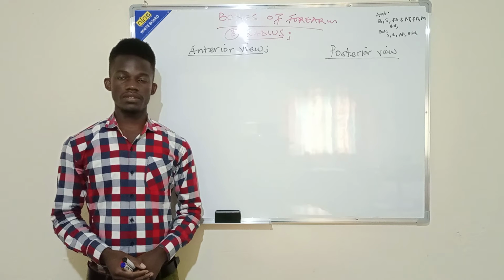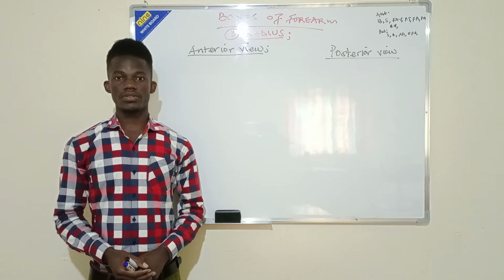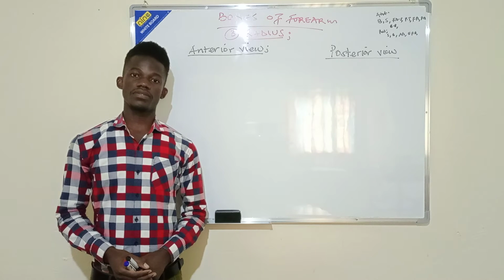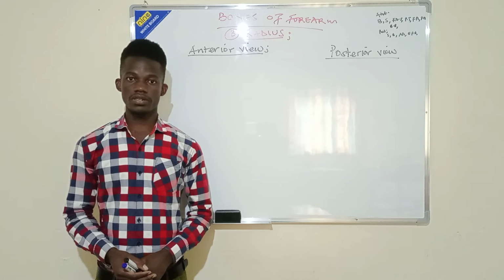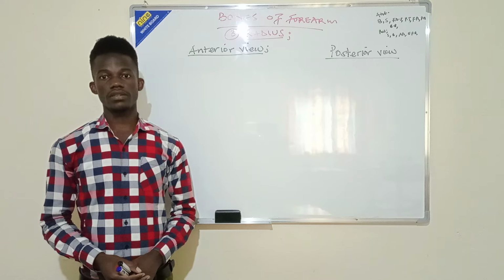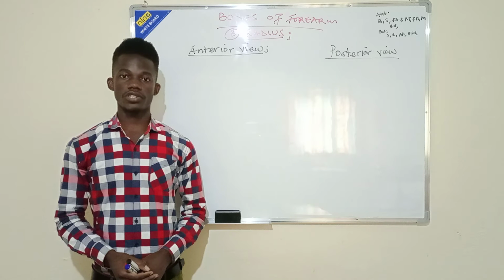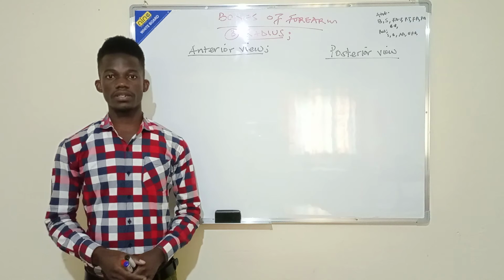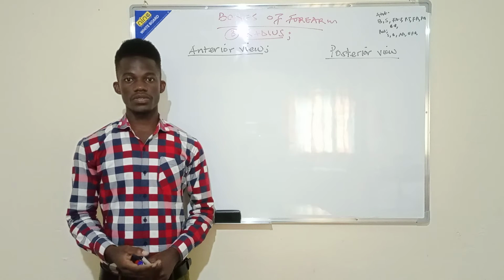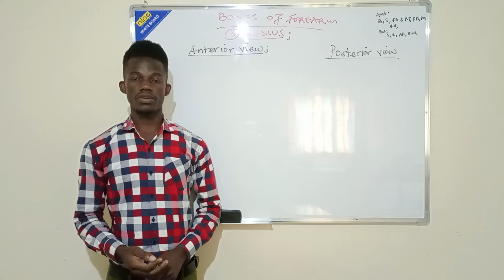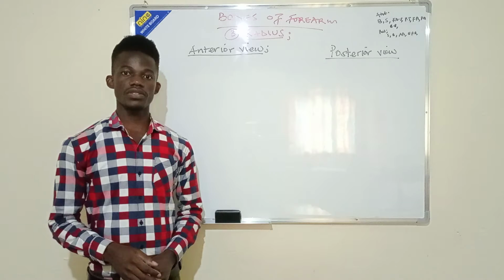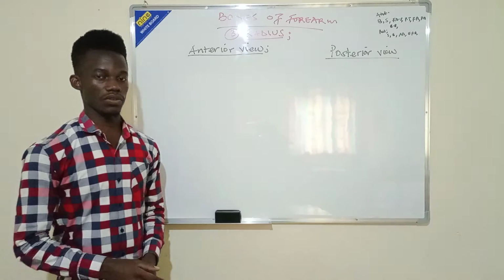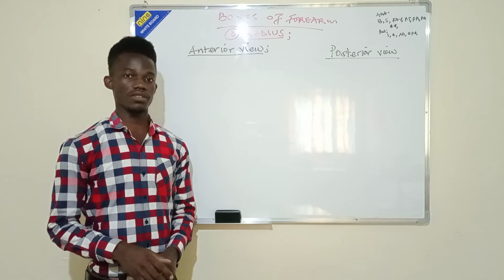Same as the ulna, the radius has three parts: the proximal end that forms an articulation with the capitulum of the humerus, then giving rise to the shaft, its body, which is another part, and then the distal end. The distal end forms an articulation with a couple of bones forming the wrist joint, as we shall see when it comes to the wrist joint.